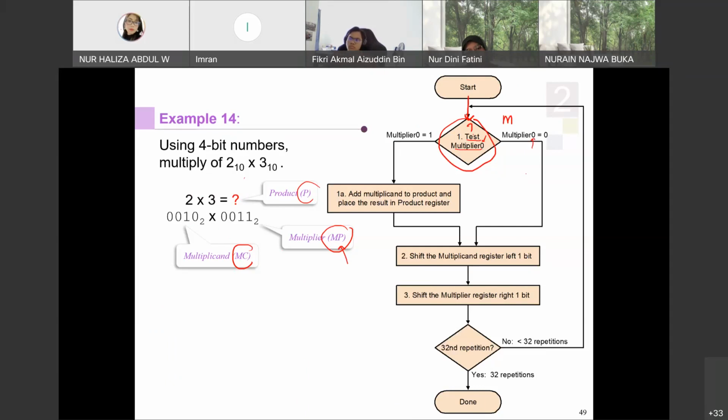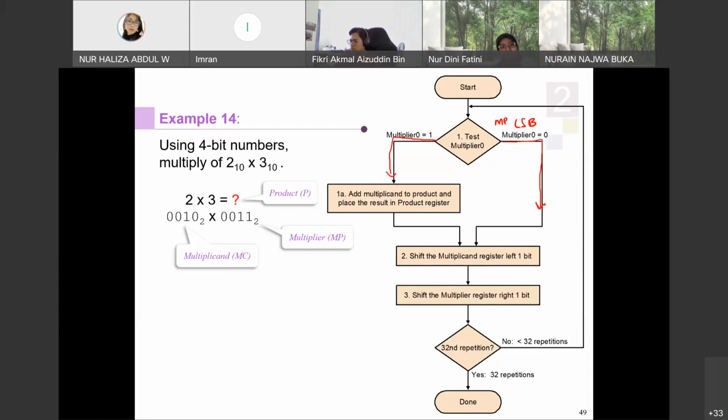Bit 0. This is bit 0, bit 1, bit 2, bit 3, bit 4, and so on. The bit 0 here, the start one, is your LSB. If your MP LSB is 0, you need to go to the right. If your MP LSB is 1, you need to go to the left.